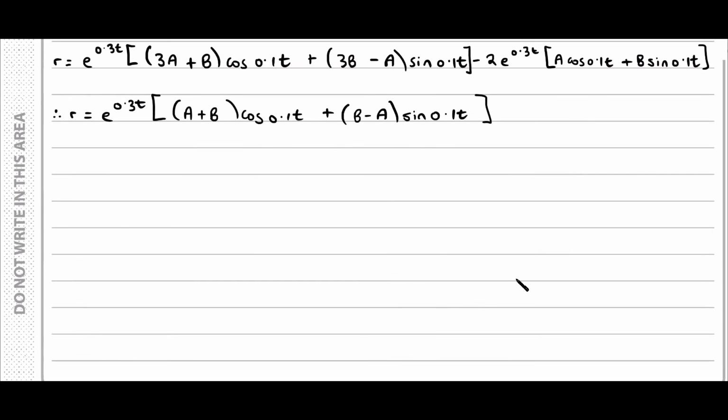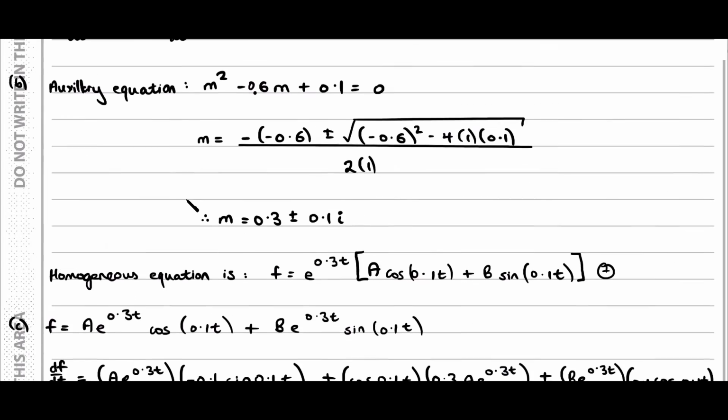So, for the first part, we have when t equals 0, f equals 6. Remember, f is given by this formula over here.